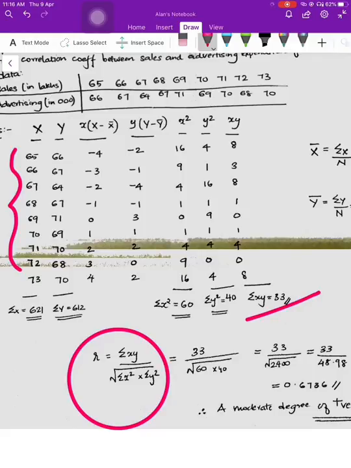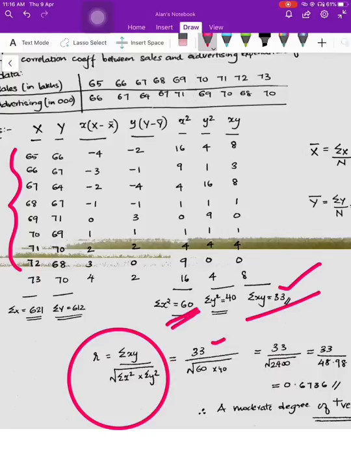So what is the value of sigma xy? It's already given as 33. So it will be written here as 33. Then again we already know the value of sigma x square and the value of sigma y square. So instead of considering any other value, we'll be going directly to sigma x square. What is the value of sigma x square? It is 60, as you can see. So 60 is taken in.